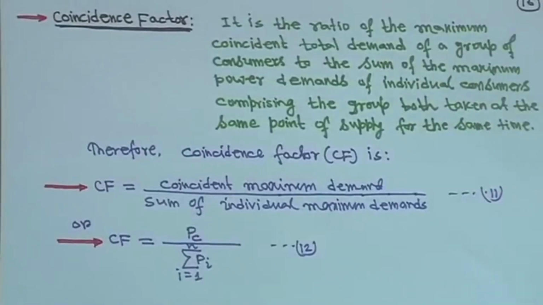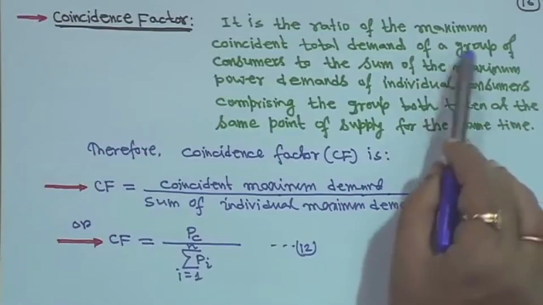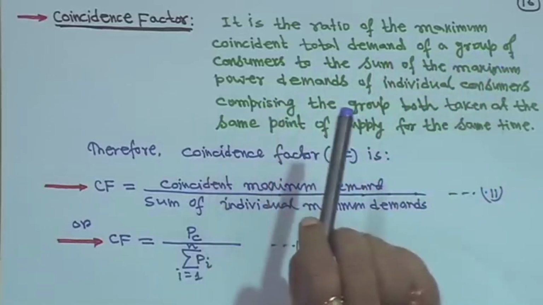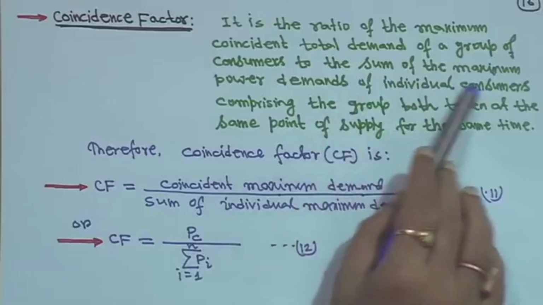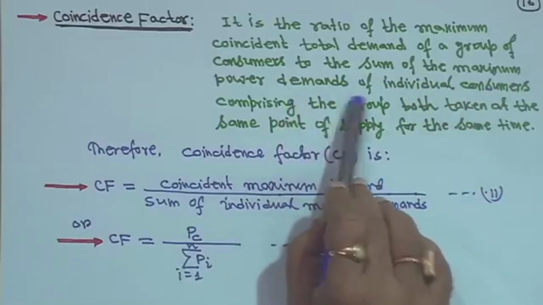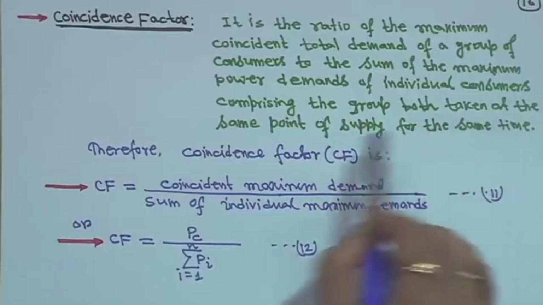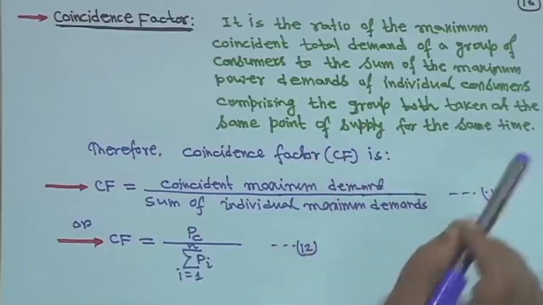Next one is the coincidence factor. Coincidence factor is the ratio of the maximum coincident total demand of a group of consumers to the sum of the maximum power demands of individual consumers comprising the group, both taken at the same point of supply for the same time.